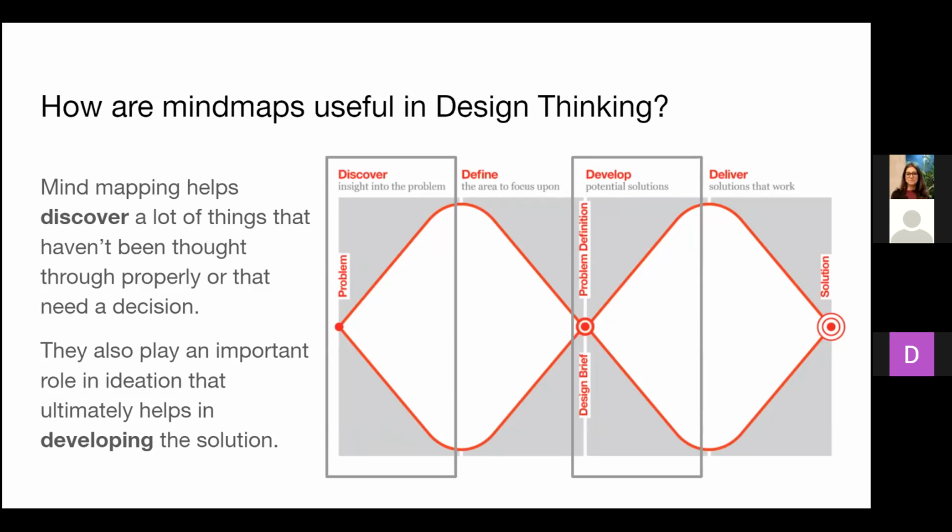And then when we come to developing potential solutions, it is possible that when you think of a problem statement you only think of a single solution, which might not be the best possible solution. So again, mind mapping helps us link all the possible solutions and see how they are connected in themselves, helping us develop better potential solutions.